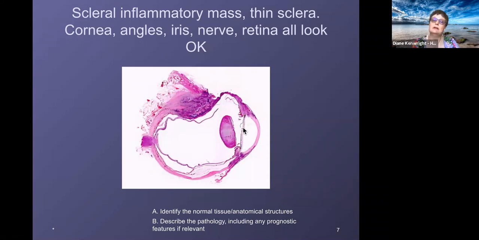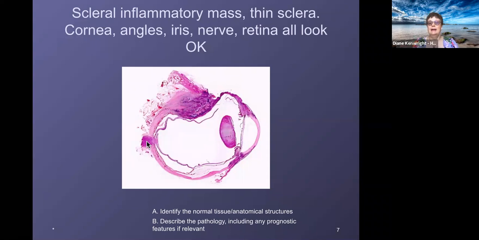So it's probably not glaucoma. The lens is present but not displaced. And then here we've got a lot of inflammation in the sclera. So we've got this big scleritis here. And then round the back, the retina, it doesn't have a subretinal exudate through here, so it could have been artifactually detached. And here's the optic nerve.